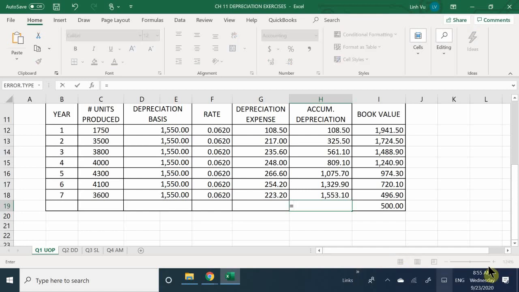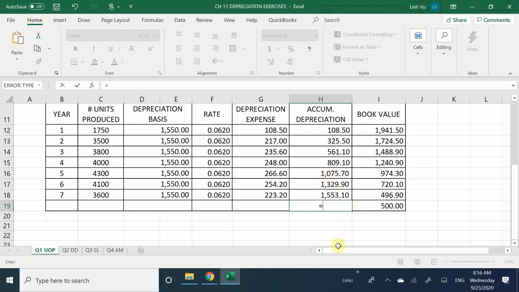So in this case, this number needs to be 1550.